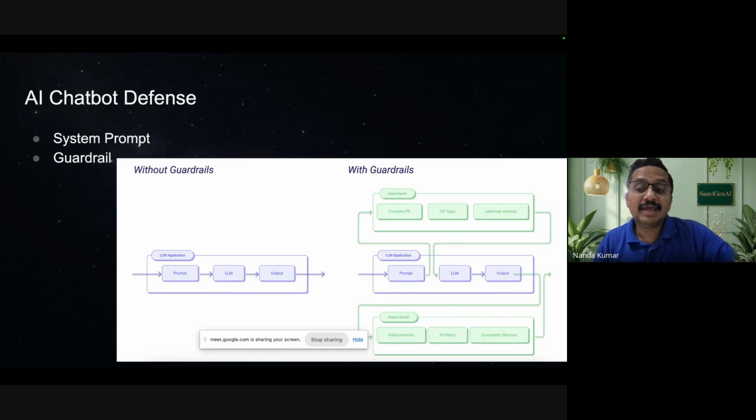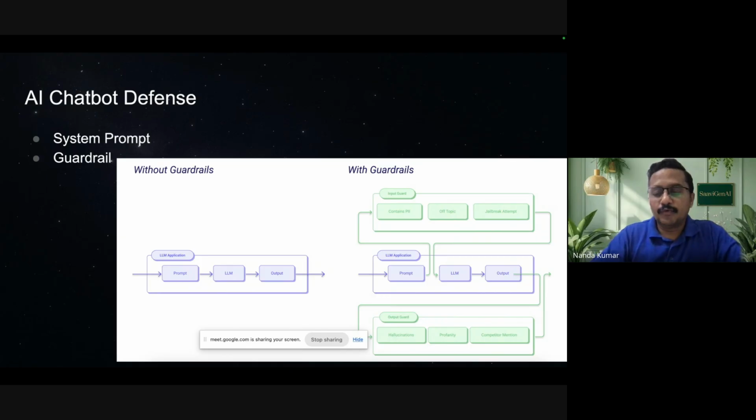In the same way, when the LLM responds, they check whether the LLM really sends the right value, or has been tricked into sending offensive information, or has any confidential data. All of these are validated at both the entry level and the exit level by the guardrails. Guardrails have multiple modules, which I'm going to cover in the last but one slide. Please stay until then to understand the different types of guardrails.